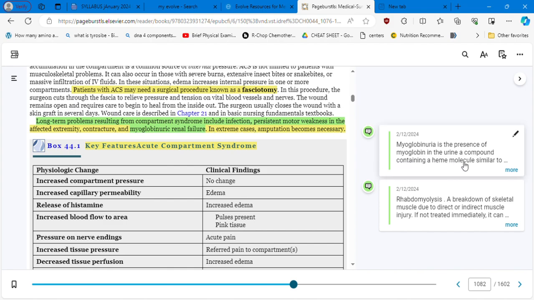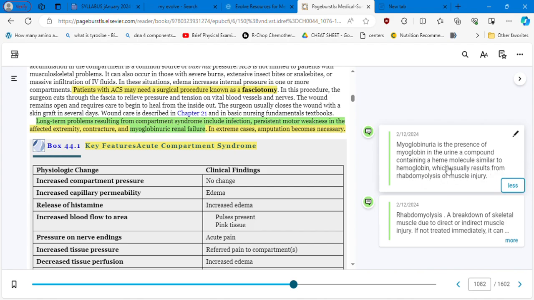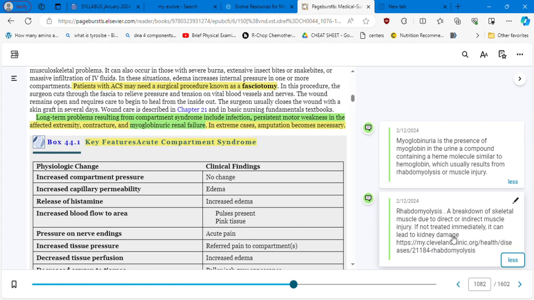Myoglobinuria is the presence of myoglobin in the urine, which is a compound containing a heme molecule similar to hemoglobin. So heme is related to the blood, myoglobin is related to the muscles, right? It usually results from rhabdomyolysis or muscle injury. So rhabdomyolysis is a breakdown of skeletal muscle due to direct or indirect muscle injury.